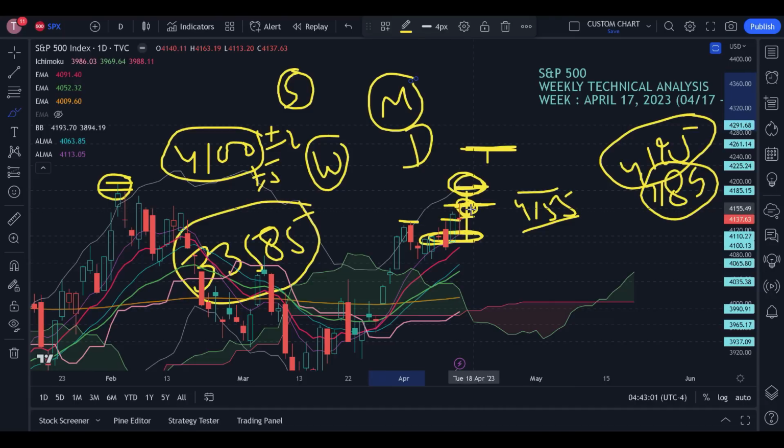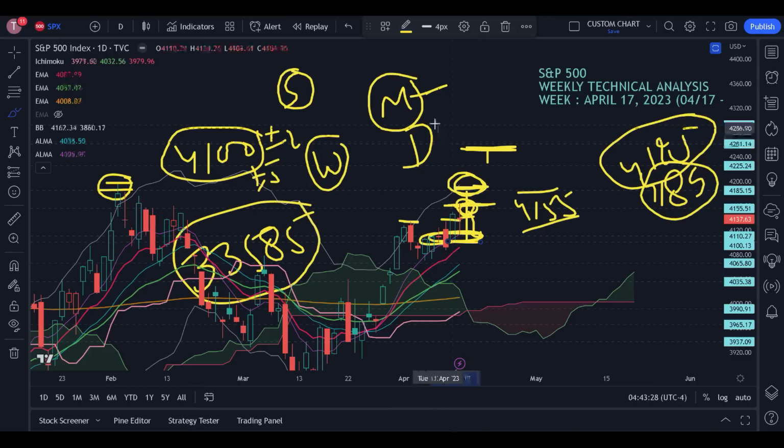This time it should close above 4160, or 4155. If on Monday it fails to close above 4160, 4155, then on Tuesday we can anticipate some kind of fall, a bearish movement in the entire stock market. But again, 4100, 4110 is there in the picture to hold any kind of fall.